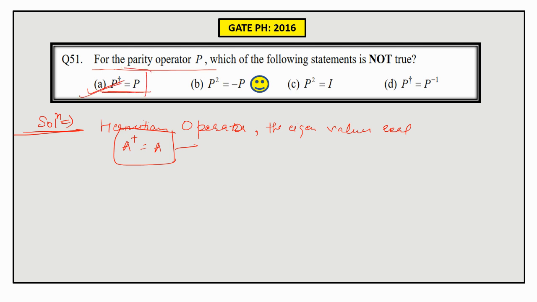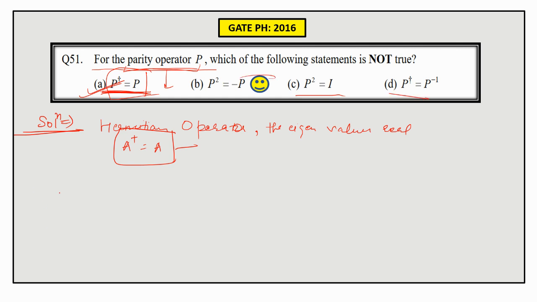Even if someone is not so aware of quantum mechanics, if he knows that any operator in quantum mechanics is Hermitian, he will say this is correct.